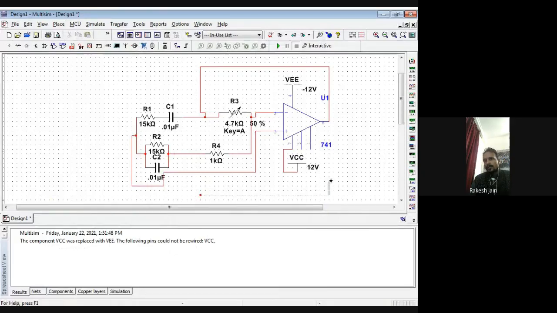So let's suppose this is the ground point.